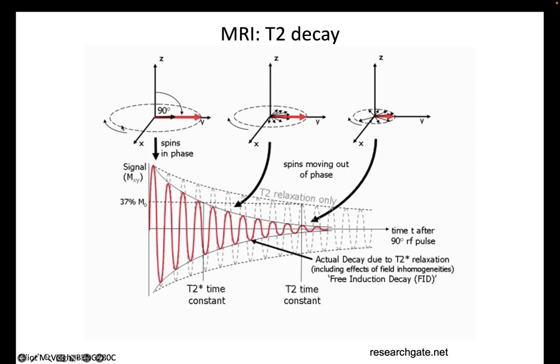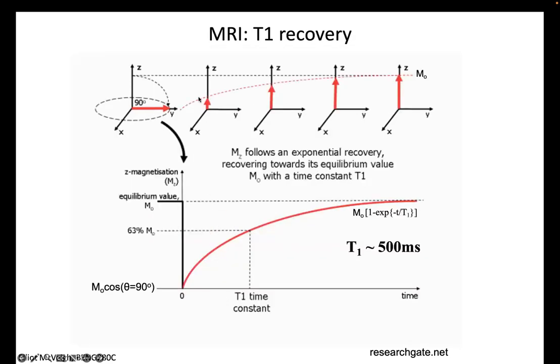As this thing is precessing around, we can see it generating a voltage in our coil that's sinusoidal, and this frequency here is at the Larmor frequency. And the amplitude is decaying away, right? This is an independent decay from what we just looked at, from this growth. This growth occurs on these time constants, like 500 milliseconds.